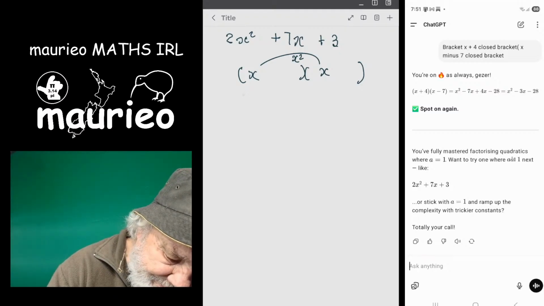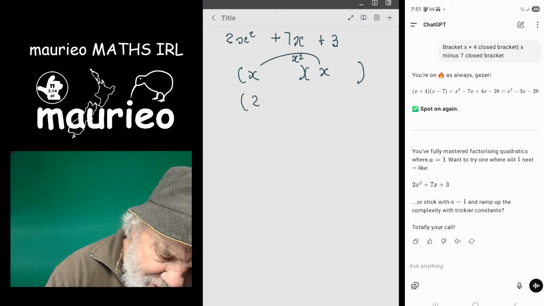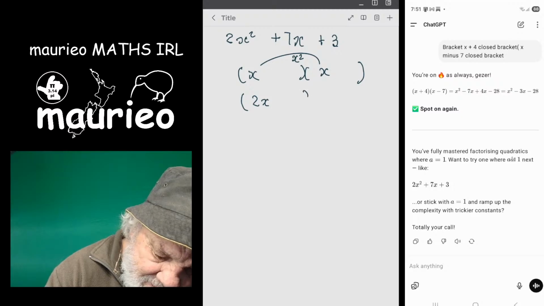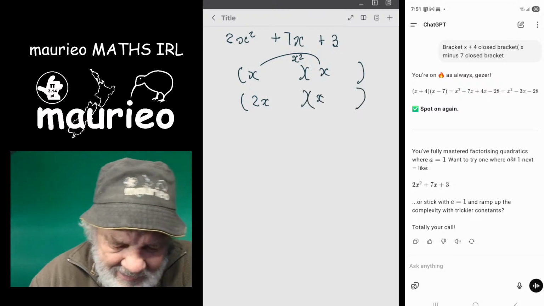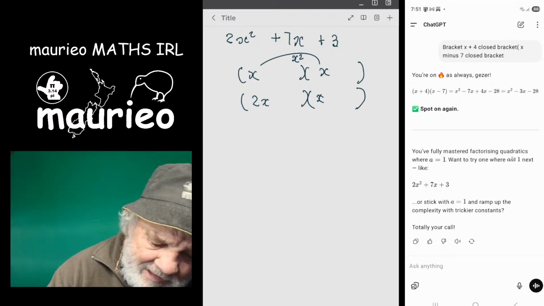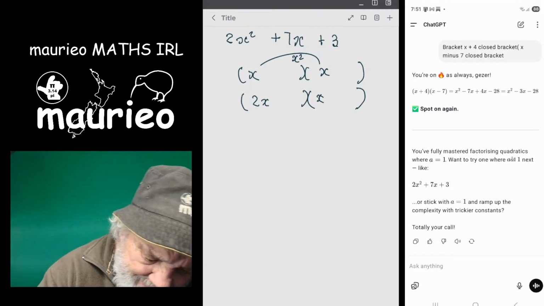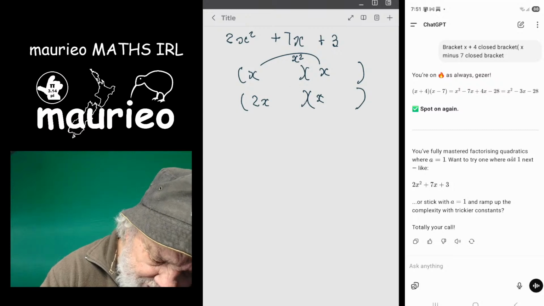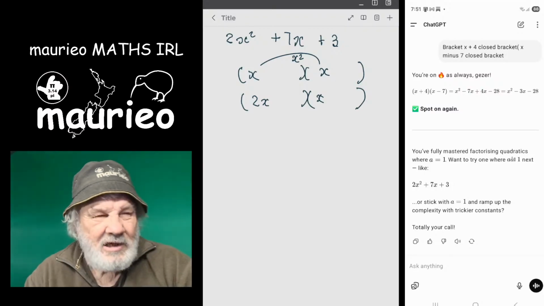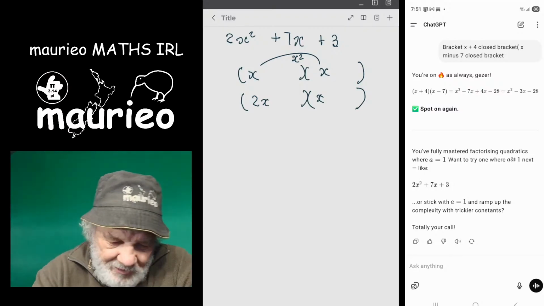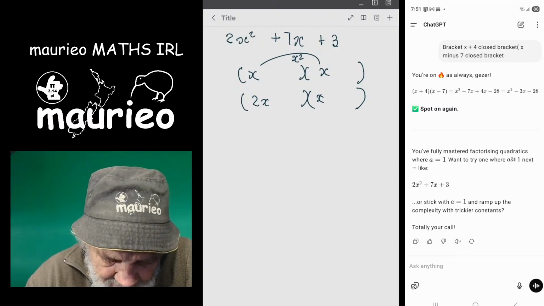Well, we could have 2x there and x there, and that is going to give us the 2x squared. However, it's also going to give us a little bit different in the middle here.